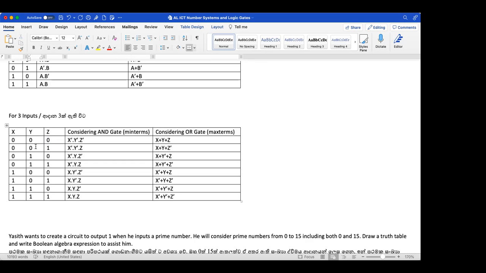Then it will complete all 8 combinations.